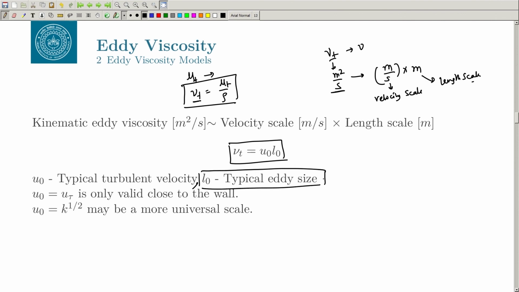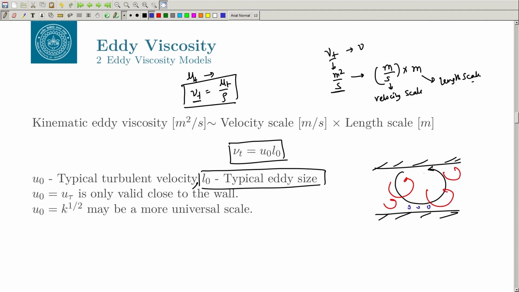Now, eddies can be of many different sizes. If you see flow in a channel, you have a very large eddy covering all the way from the top to bottom, but you can have medium size eddies, and then you can have very small eddies which are responsible for the dissipation.